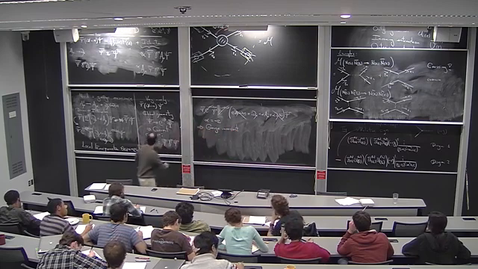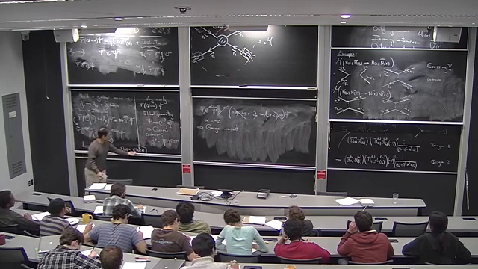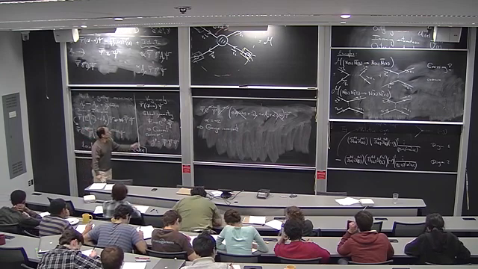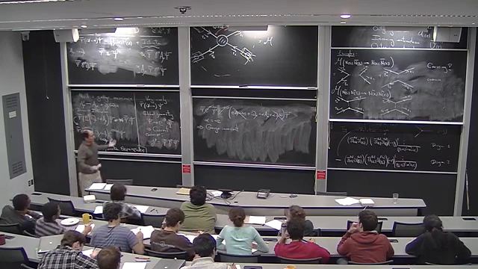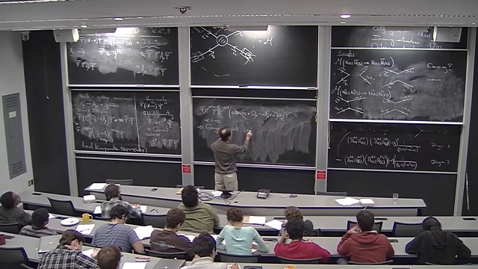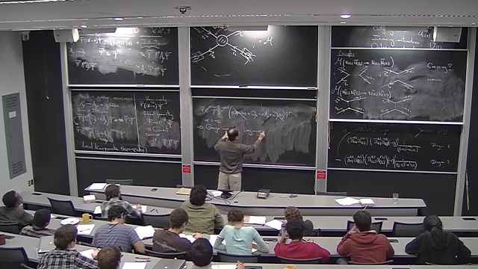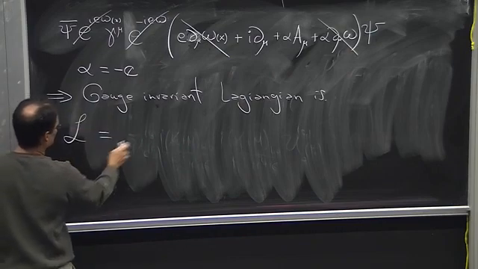Now by gauge transformation, I mean the composition, or doing at the same time, this local transformation on the Dirac spinor and on the gauge field. So if we put both things together, a gauge invariant Lagrangian is obtained as follows.